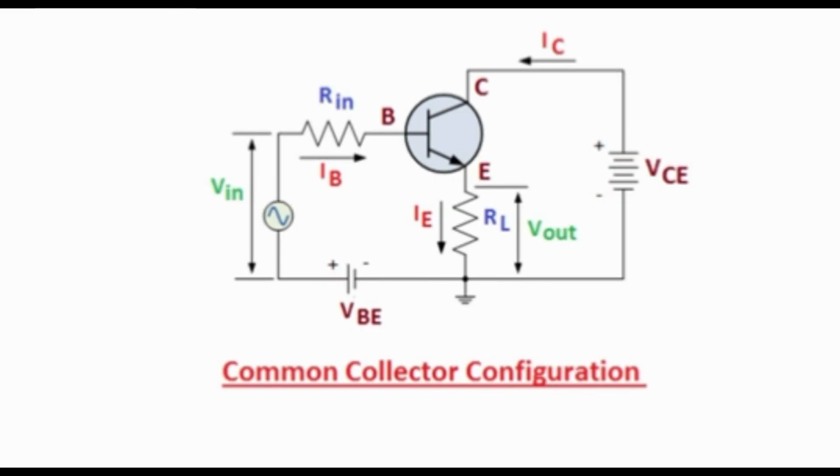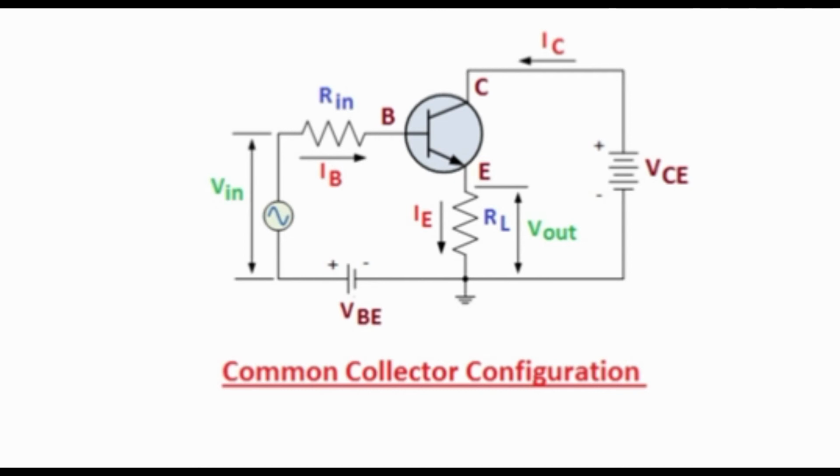Common collector configuration is also known as voltage follower, where the input is applied at the base terminal and output is taken from the emitter terminal. This configuration is mainly used for impedance matching, as the input impedance of this configuration is very high, while output impedance is very low. Common collector configuration is termed a non-inverting amplifier, where output signal and input signal are in phase with each other.